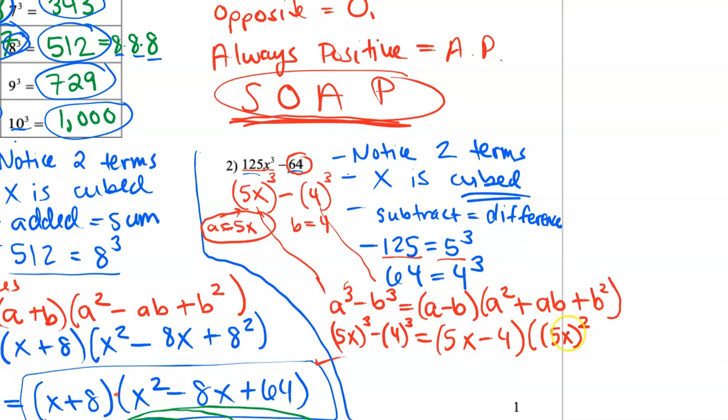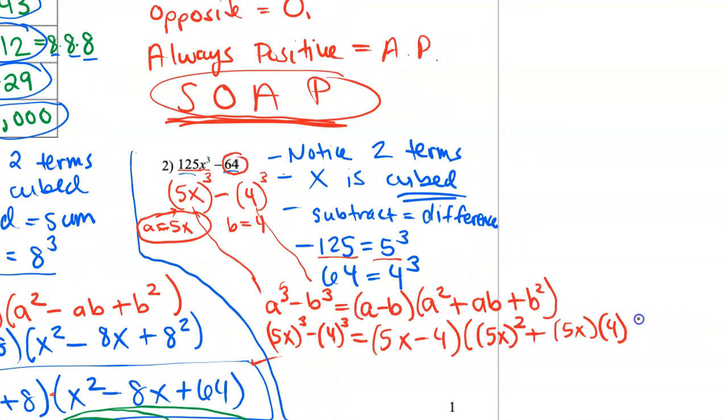So that's 5x now squared, according to the formula. Plus a, that's 5x, times b was 4. ab, 5x times 4. Plus b squared. b was 4, so 4 squared in this example.